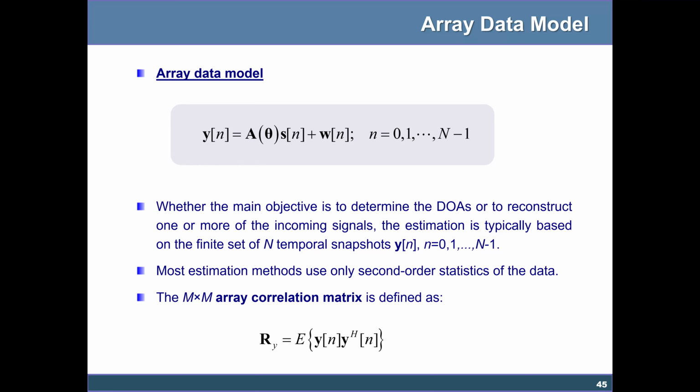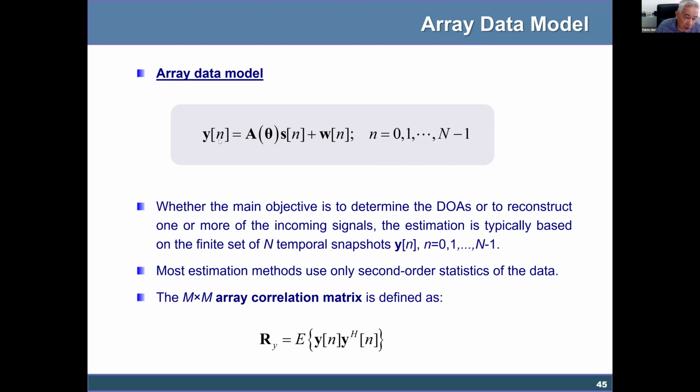Yes, we can start. Okay, so we derived the data model. So the vector y is an m-dimensional vector. So the size of y is the same as the number of elements in the array.